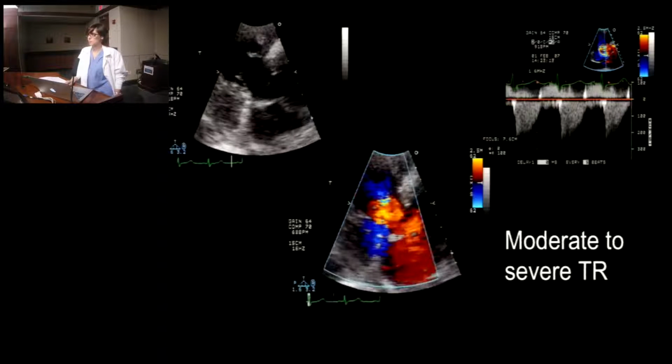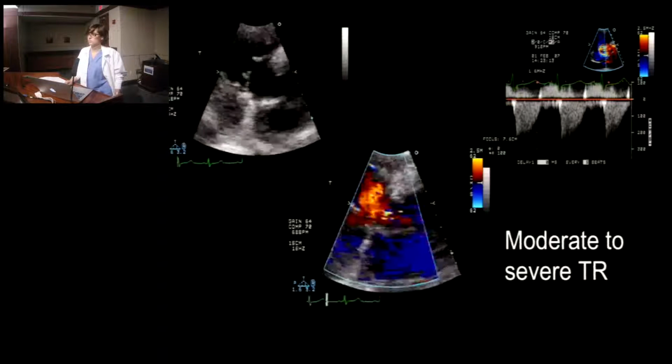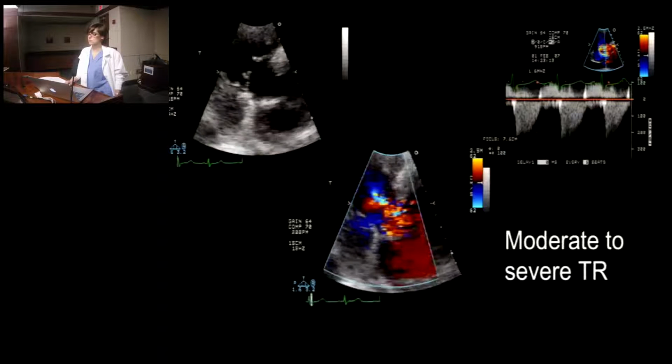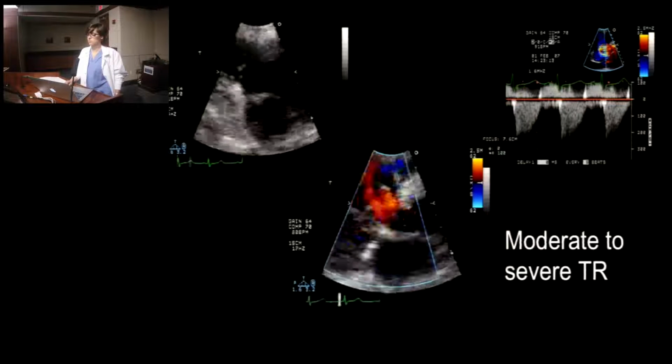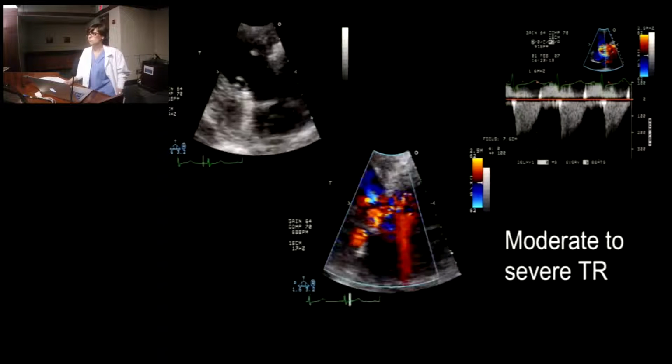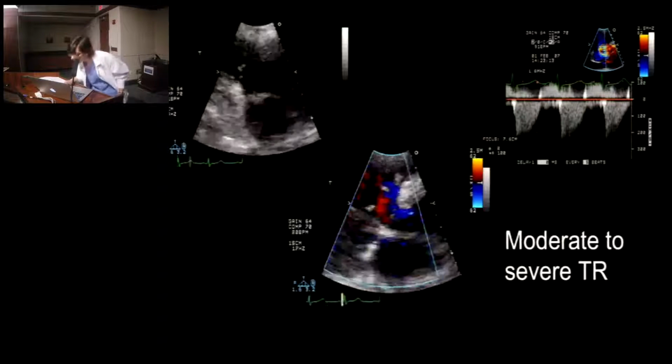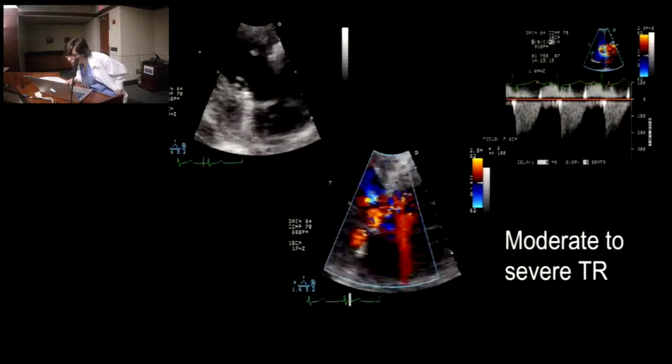You may want to mention that pulmonary hypertension was there to start with. So I would mention the PA pressure instead of just emphasizing moderate to severe TR. So this is a 2-meter scale each, right? It's 100, 200, 300.